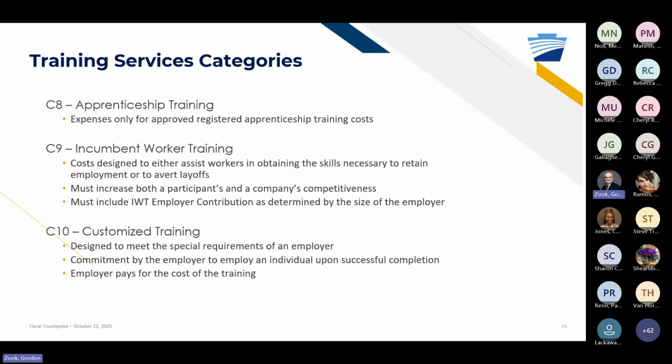This training must increase both the participants' and the company's competitiveness, and it has to include an employer contribution as determined by the size of the employer. Small employers are required to contribute a smaller portion of this amount, but every employer that receives this kind of assistance has to make some contribution.